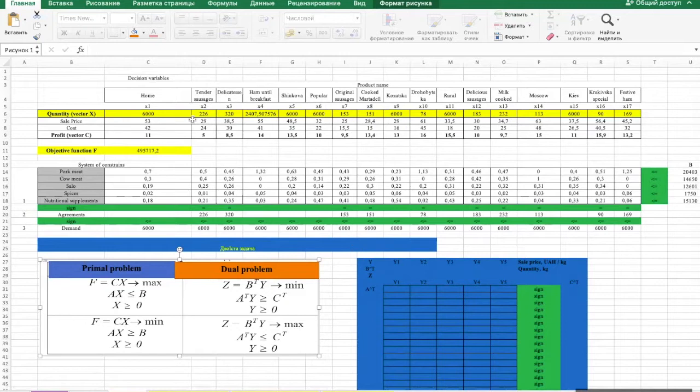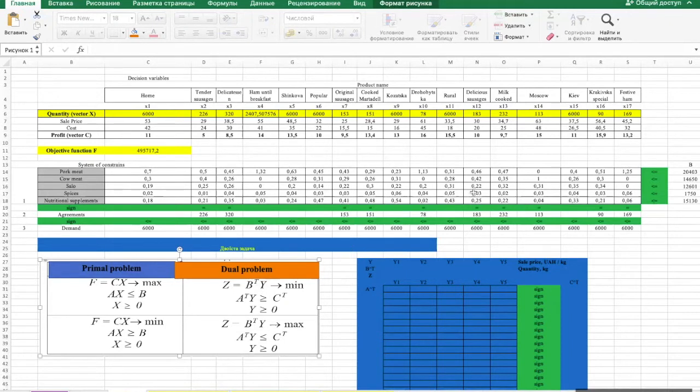The opposite situation is when we don't produce products, but we sell our resources. So the dual problem in this situation is based on the situation when the company wants to sell its resources. That's why, if we talk about decision variables, it is the price of each of our resources.